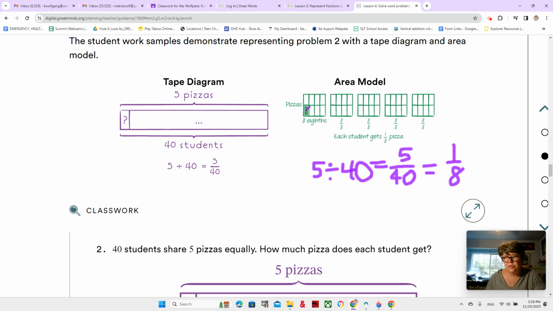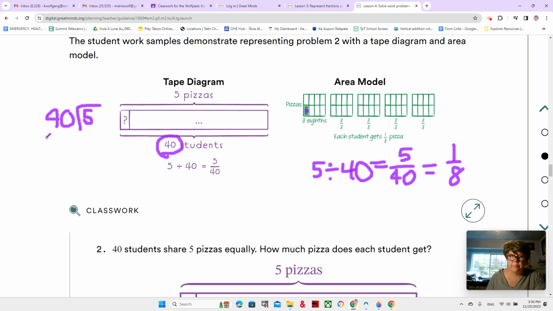So if each student gets 1/8, because we have 40 students and only 5 pizzas, right? So we could use a regular division problem, but we want to make sure that the 5 is on the inside.